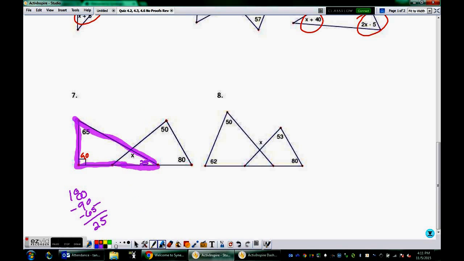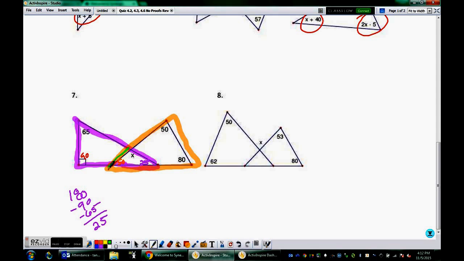Now, looking from the other direction, I've got this triangle. So I've got 50, 80. When I subtract those two from 180, you should get this angle in here is also 50 degrees.